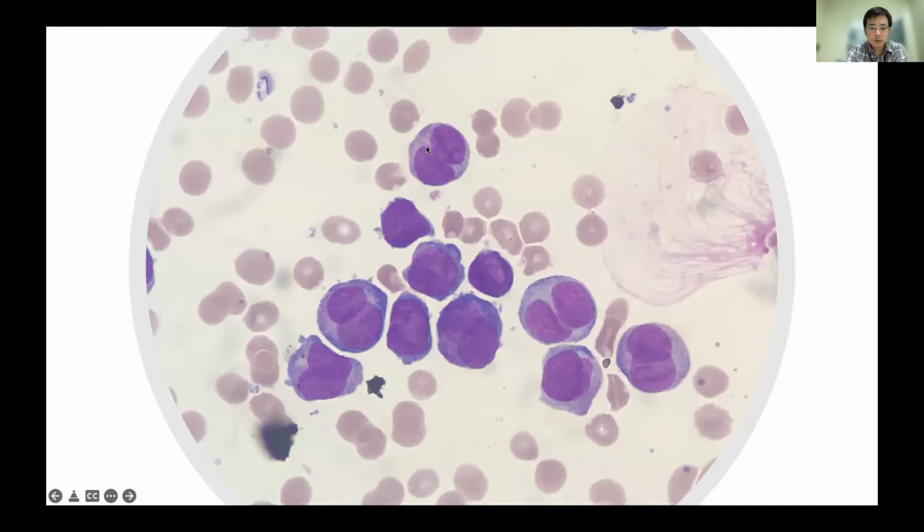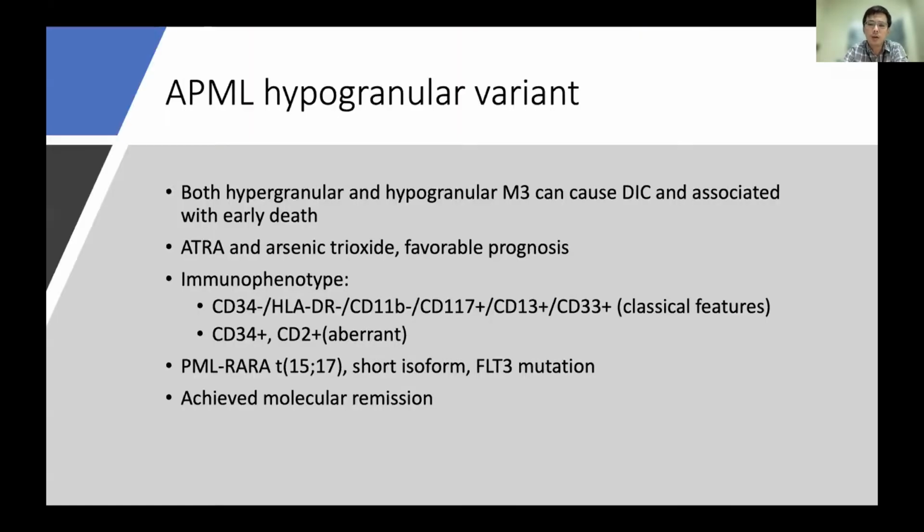However, you don't see any rods, and you don't see the hypergranular cytoplasm in this case. But the morphology of this bilobed abnormal promyelocyte in the peripheral blood should still raise the suspicion of APML, but a hypogranular or microgranular variant.